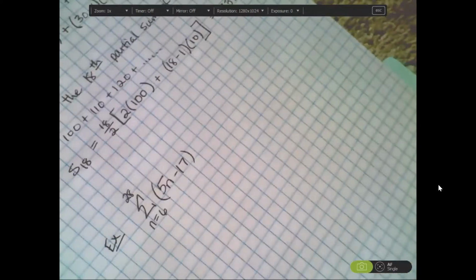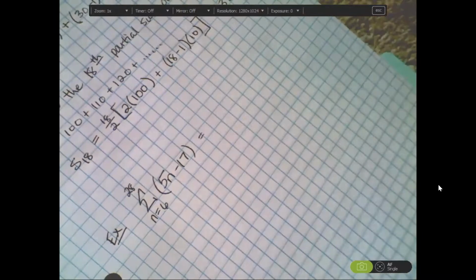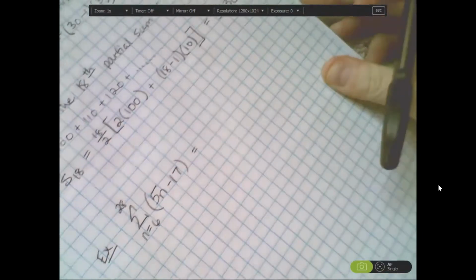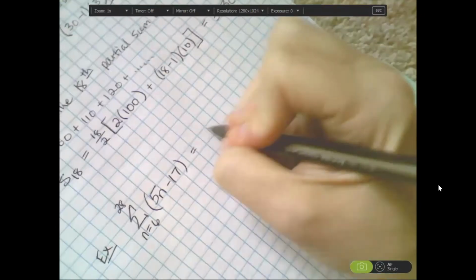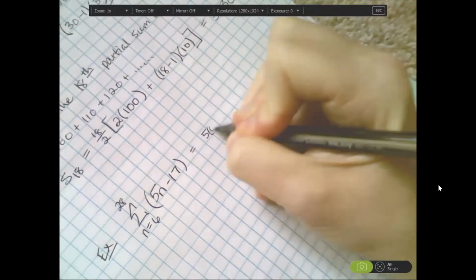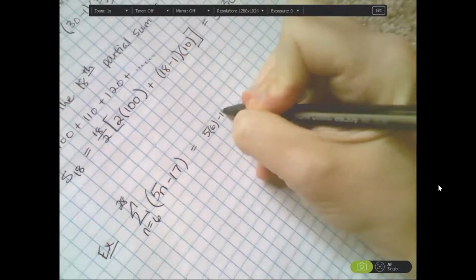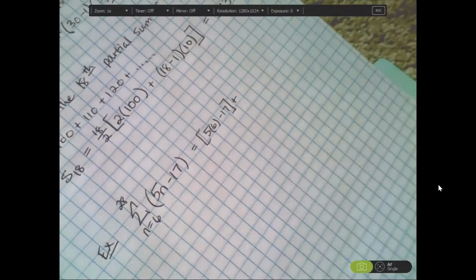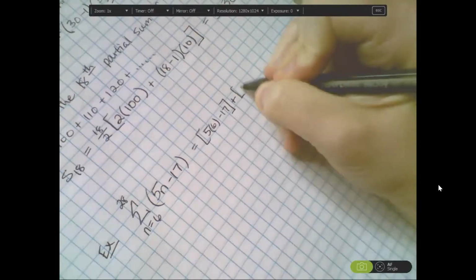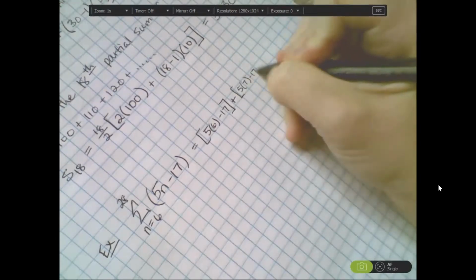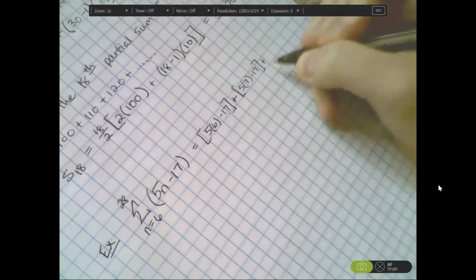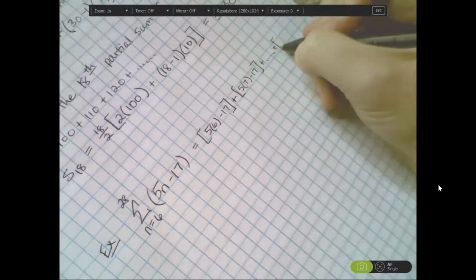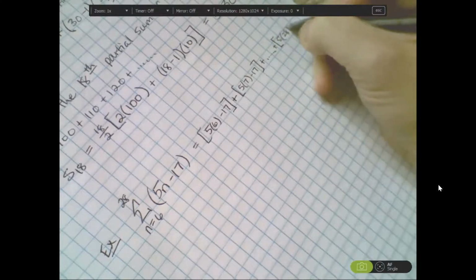So what's happening here, and you don't necessarily have to write this out for every single problem, but just to make sure that we're clear on what's happening, is we are plugging in 6 into this rule and then saying plus, plugging in 7 into this rule, then 8, then 9, then 10, all the way up to 28, right?